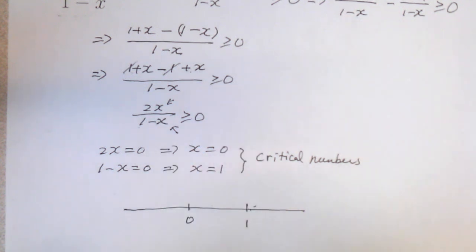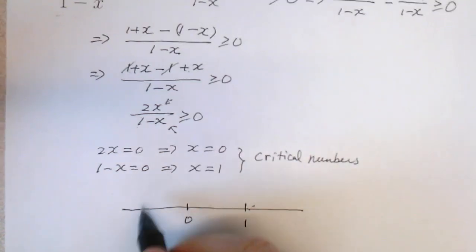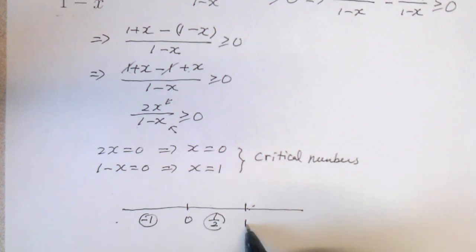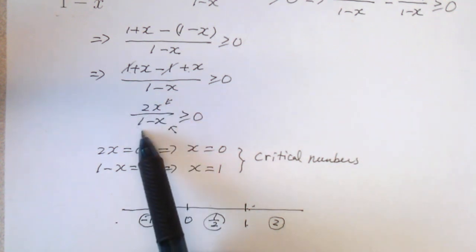So now, what we do here is we choose a number. From negative infinity to 0, we choose, say, -1. Between 0 and 1, say we choose 1/2. And from 1 to infinity, say I choose 2. So now all I need is to test whether -1 will make this greater than 0 or less than 0.